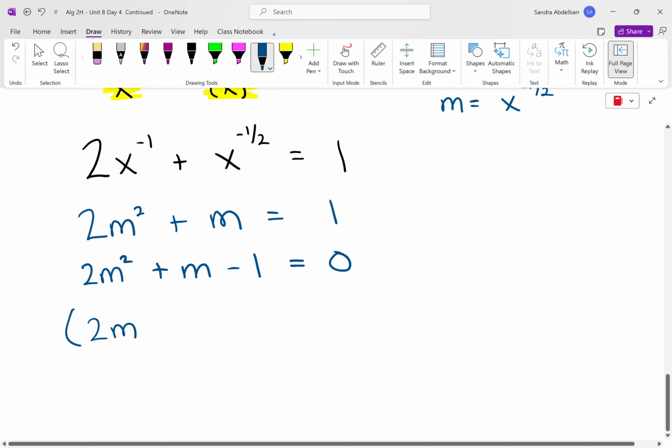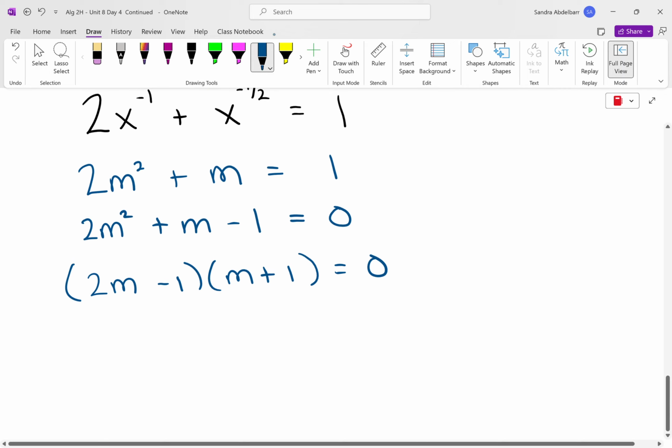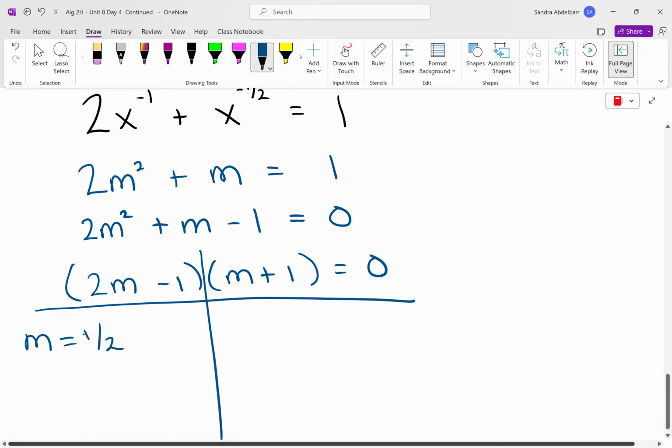And now I factor. We get 2m minus 1 and then m plus 1. We solve. We'll get m equals positive a half and m equals negative 1.